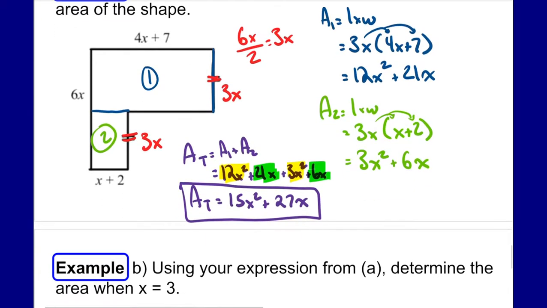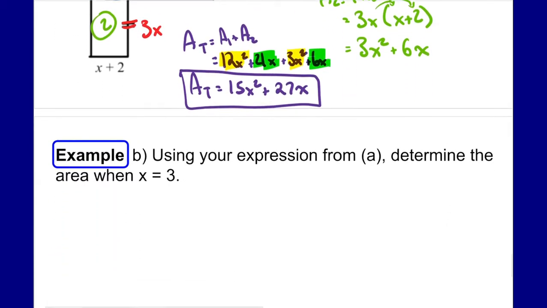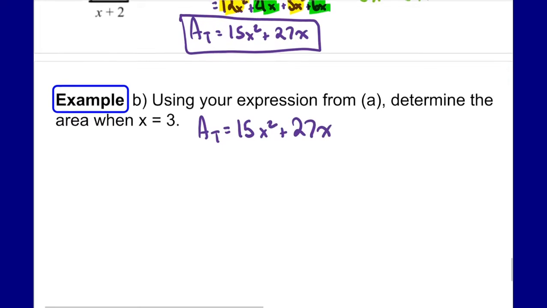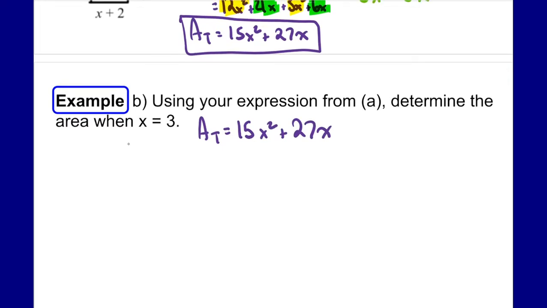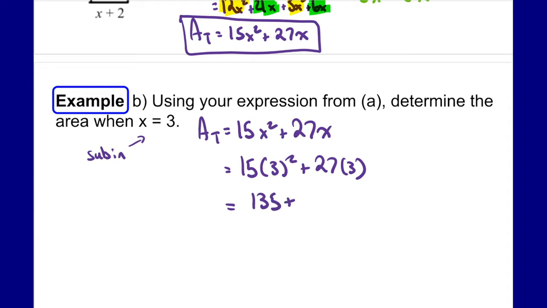For part B, we're told to use that expression from A to determine the area when x equals 3. So if we know the total area is equal to 15x squared plus 27x, all this question is telling me is to substitute in. 15 times 3 squared plus 27 times 3. 15 times 3 squared is 135, plus 27 times 3 is 81.